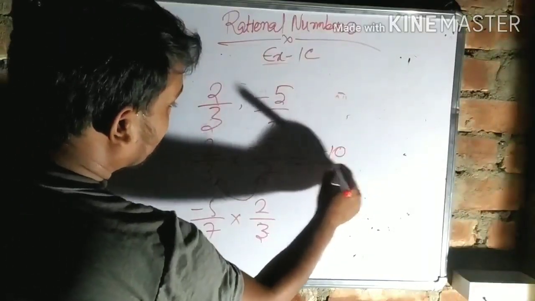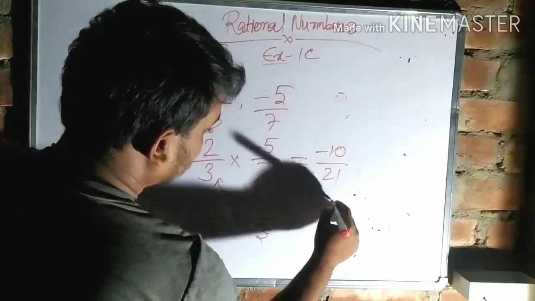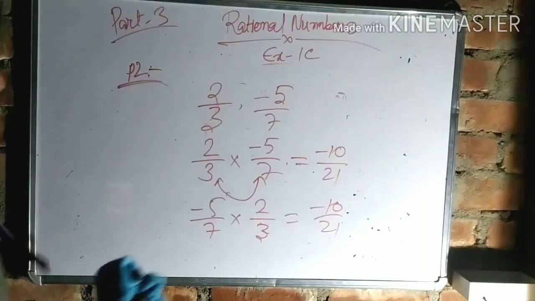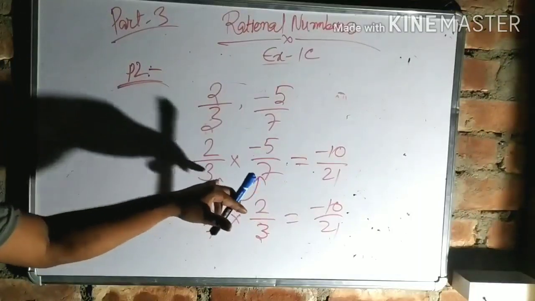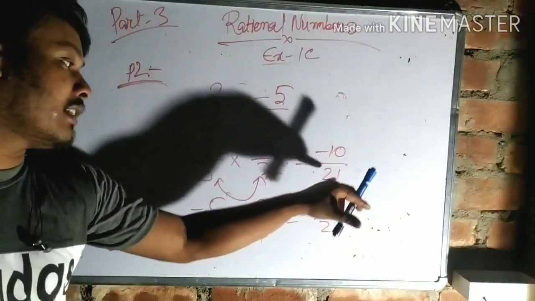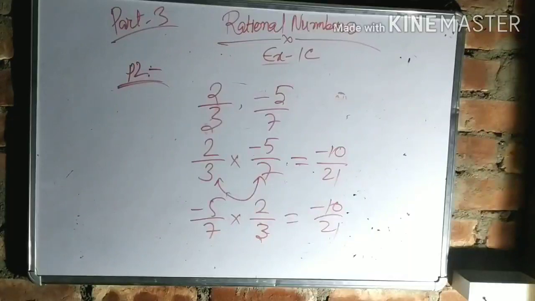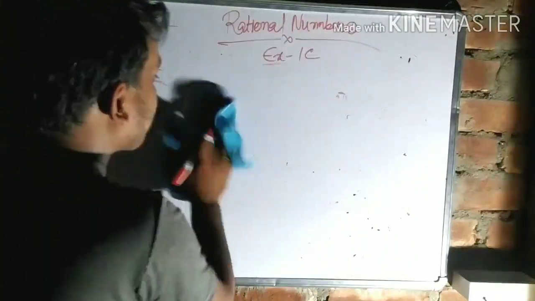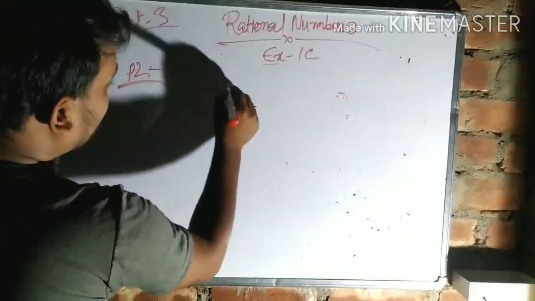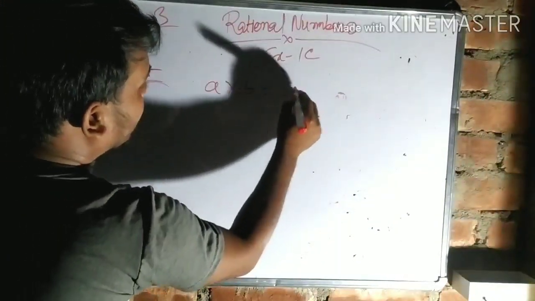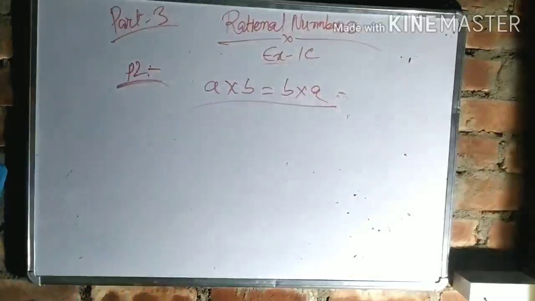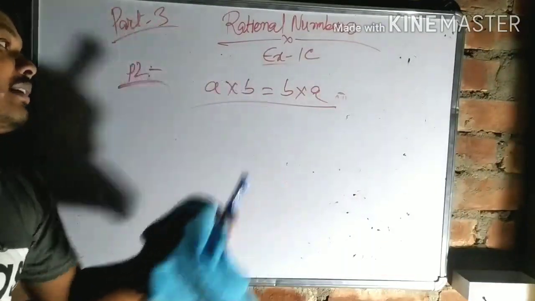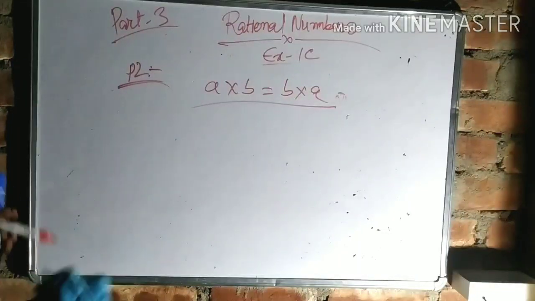In both cases the result is minus 10 by 21. In short, a into b equals b into a. If this holds, multiplication is commutative, where a and b are any rational numbers.